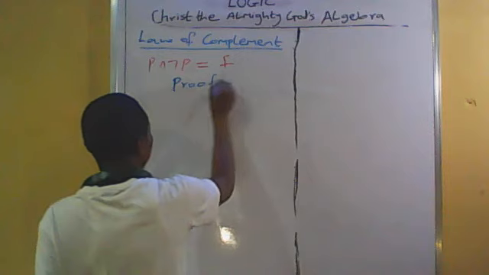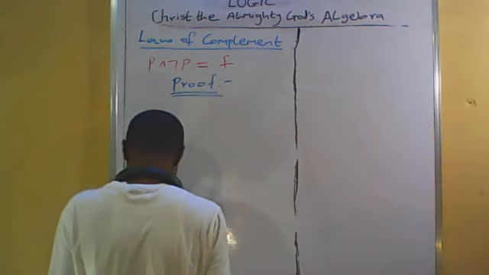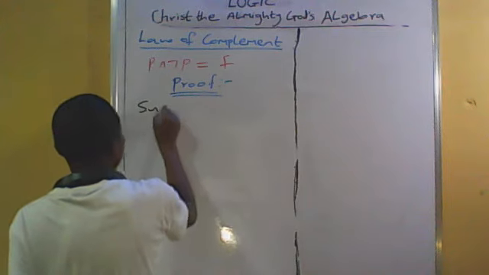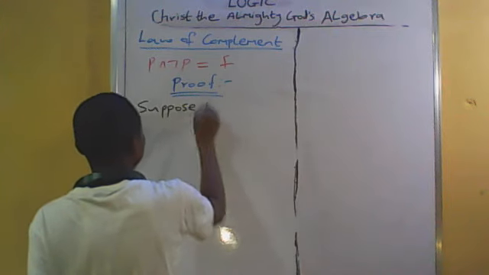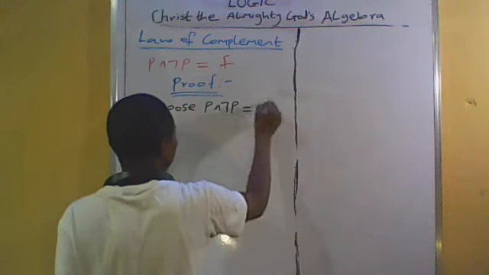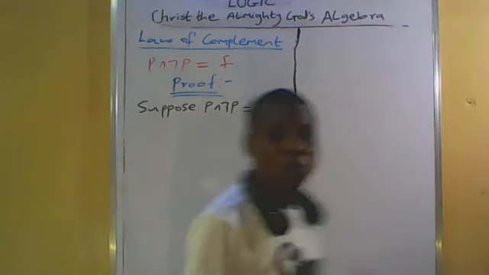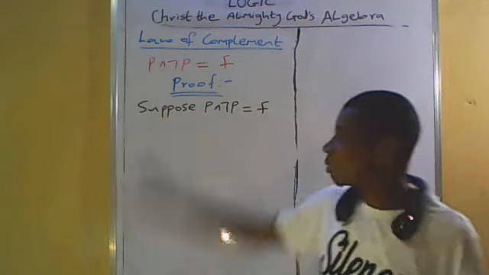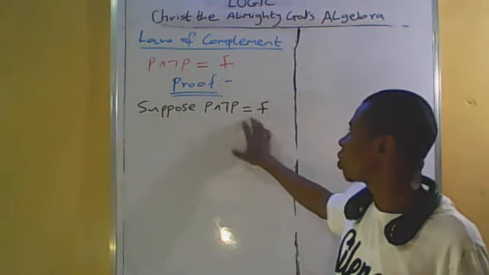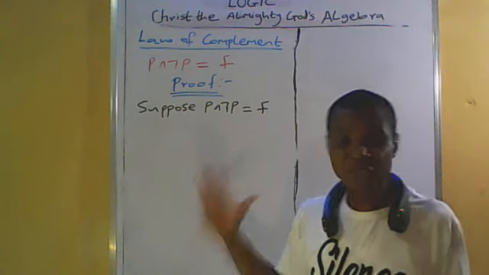Proof. Suppose P and not P is equal to F. We assume that the statement is true. That means P and not P is equal to F is true, and that is our hypothesis.